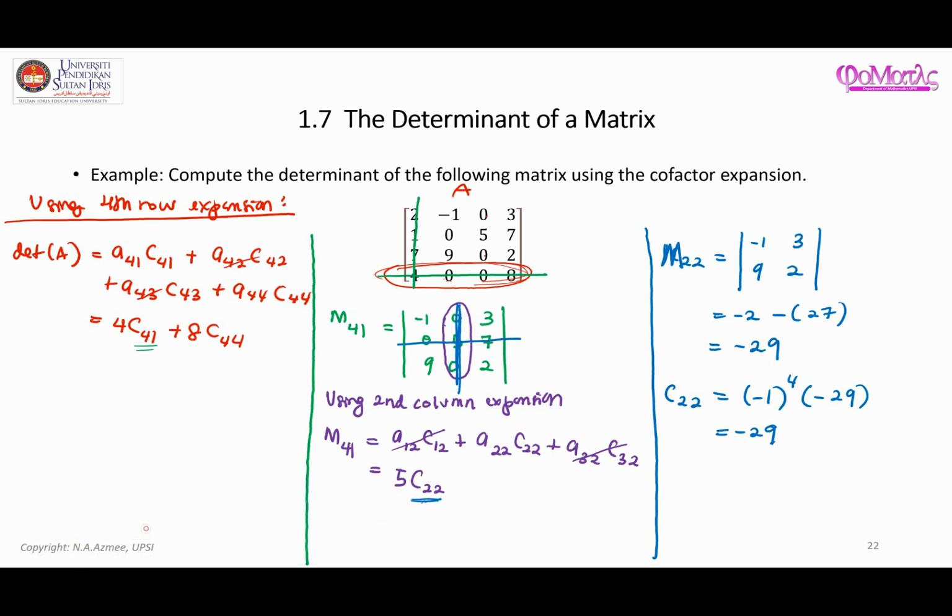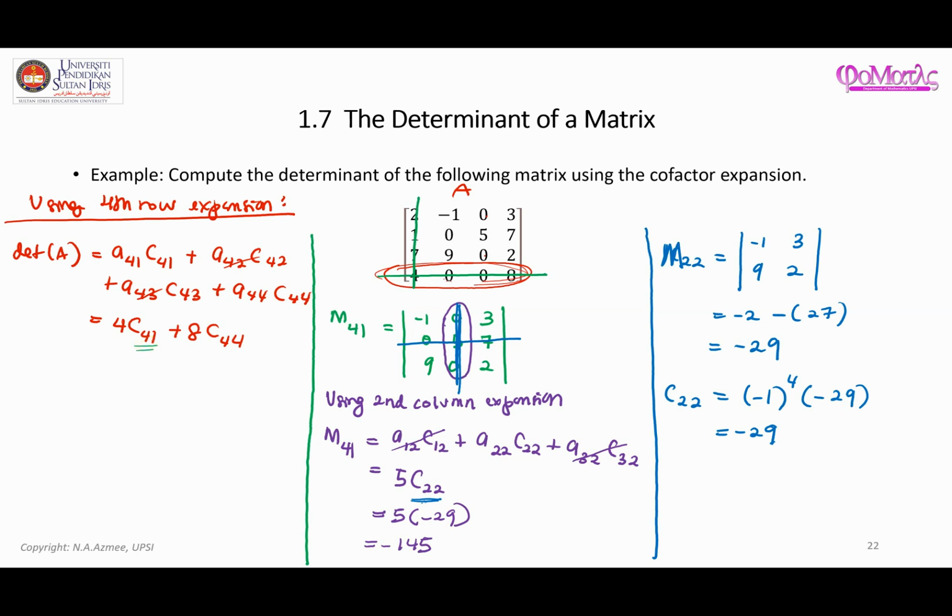Therefore, M41 is going to be 5 times negative 29. So 5 times negative 29 is negative 145. Okay, so that is M41.